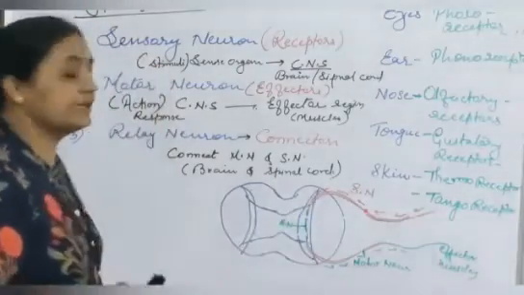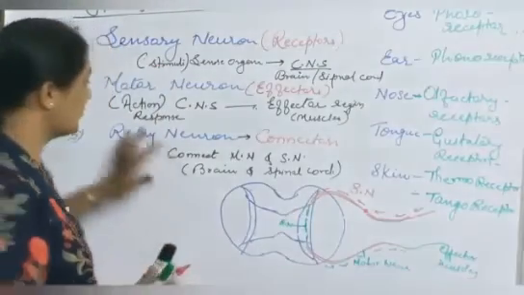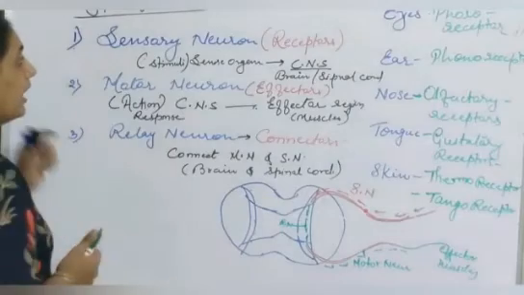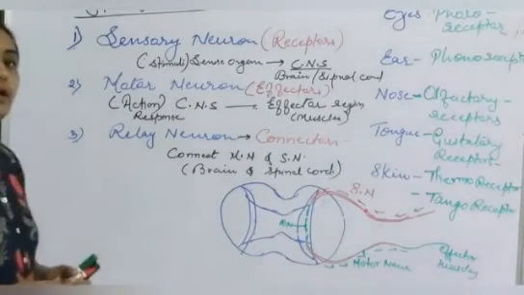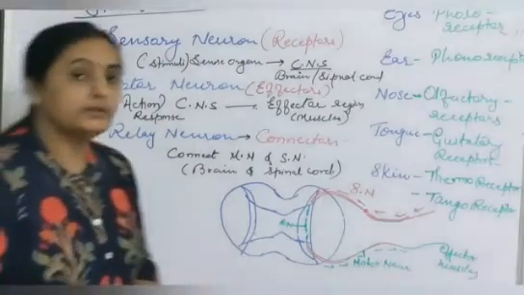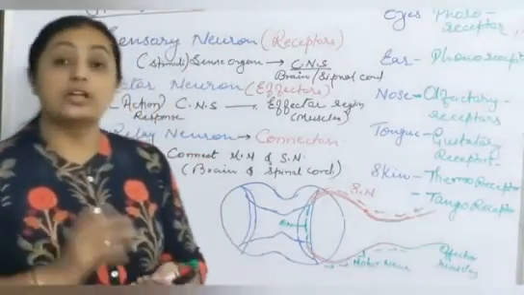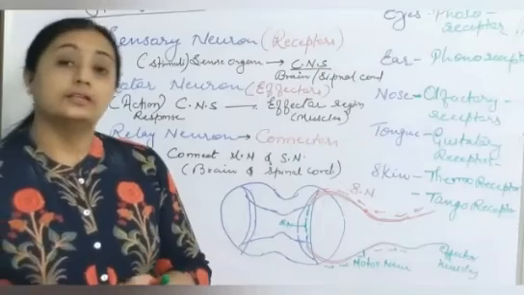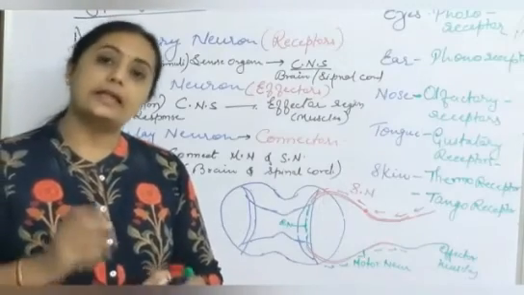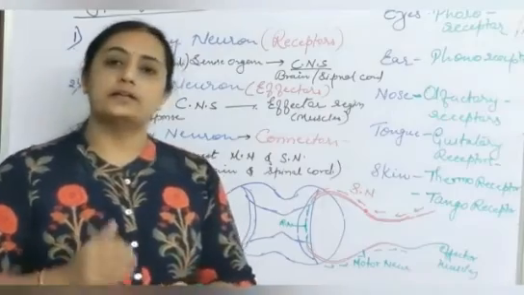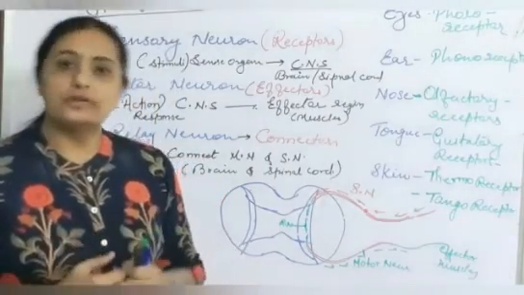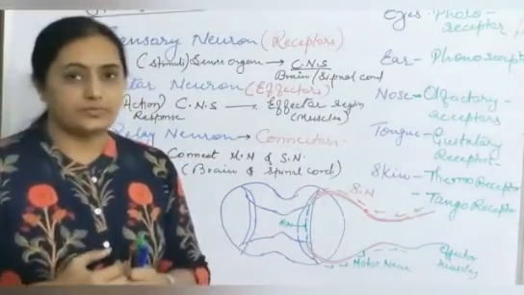So here we studied the motor neuron as well as relay neuron. Apart from sensory neuron, motor neuron and relay neuron, we have three other types of nerve cells or nerve fibers: the spinal nerves, cranial nerves and visceral nerves. What are spinal nerve, cranial nerve and visceral nerves? We will discuss in the next part.